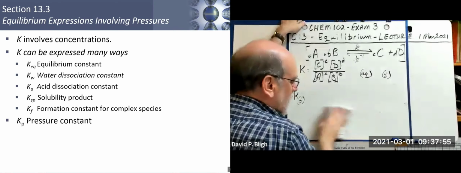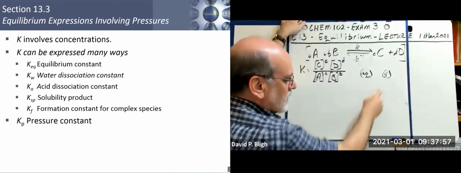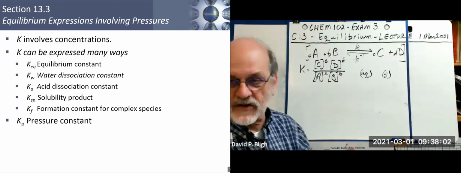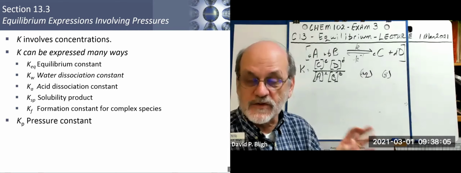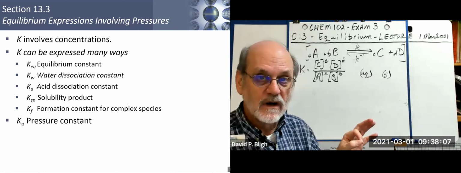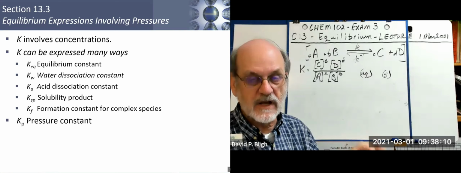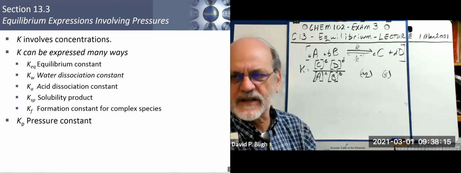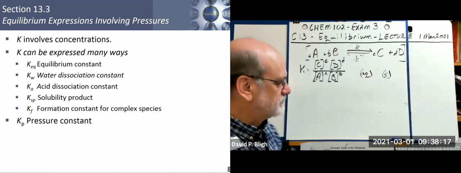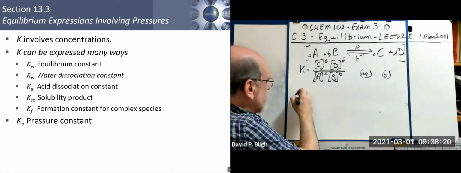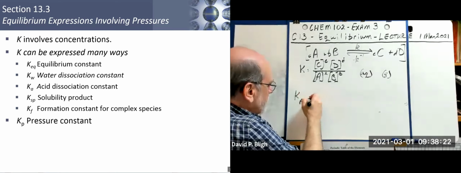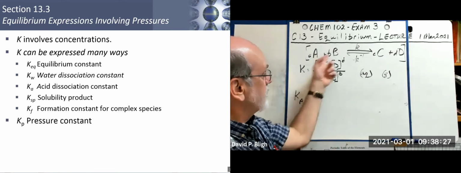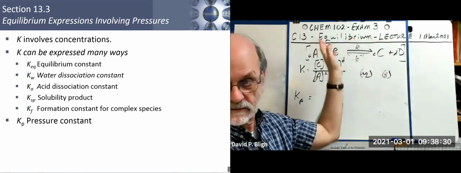And the last one has to do with gases. So if you have a reaction where the only terms that go into the K value are gaseous, it's not a combination of, well, I suppose you could do a combination. Let's keep it pure for now. Nothing but gases. Then you would have a K sub P. And say all of these were gases, all four of them.